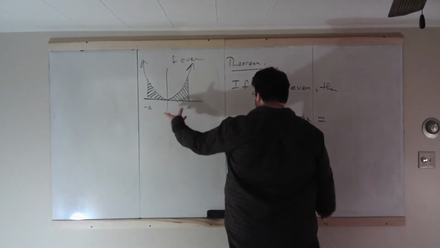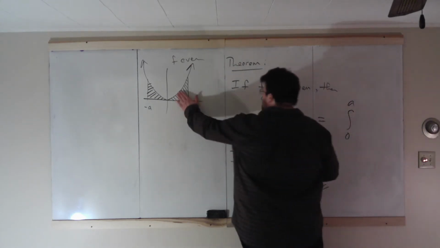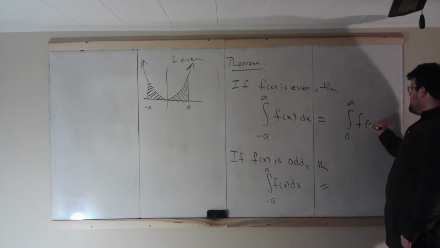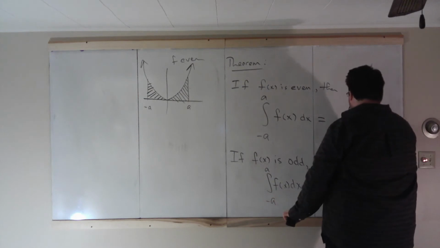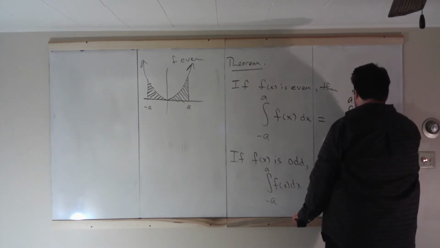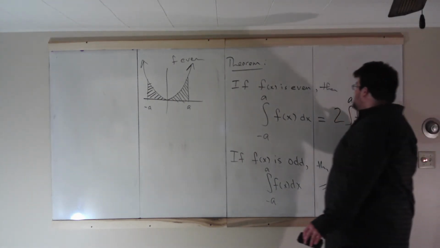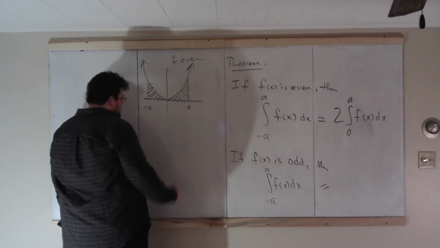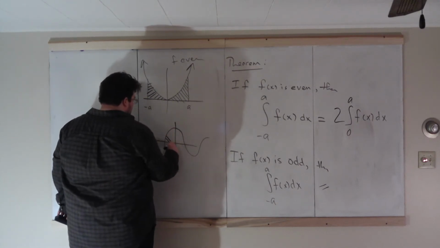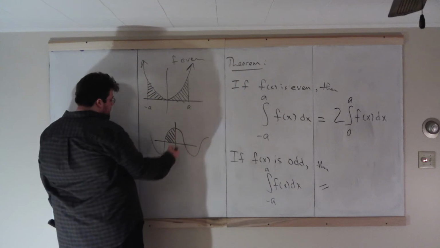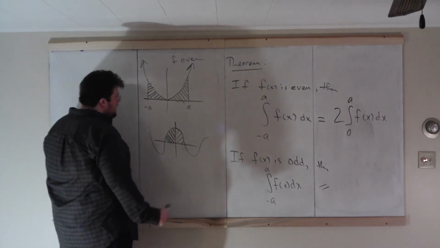So if we want those two areas combined, well, we can just take this area over here, which is given by that definite integral from 0 to a, and then take two of them. For cosine of x, what would that look like? Well, this area over here, if you just restricted yourself to this first lump of cosine, that area equals that area over there.